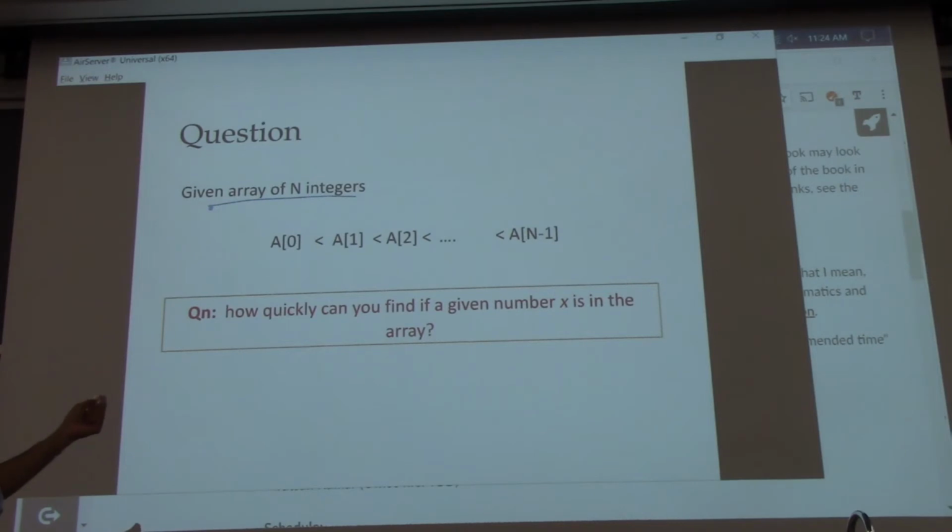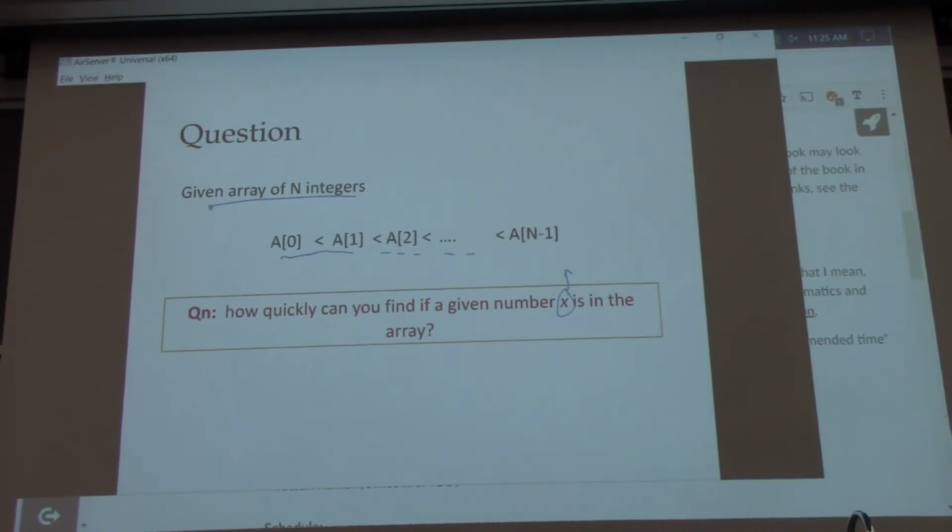Now I give you a number x and I ask you if it's in the array or not. I also tell you that this array A is sorted in increasing order. Given an x, I want you to find out if it's in this array. How would you do it?